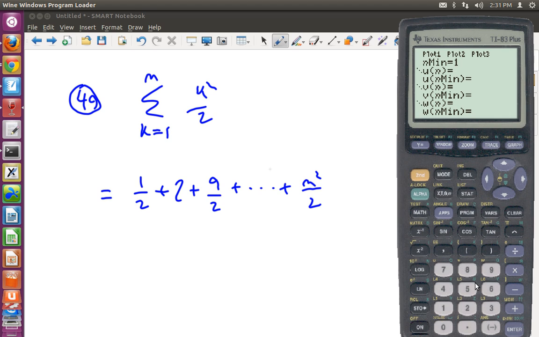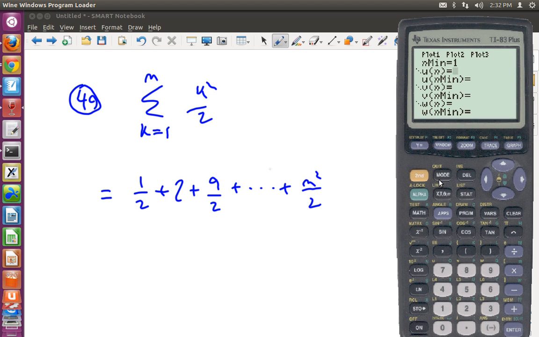Is it alpha u? Wait, I'm not sure. There's a symbol for this. It's lowercase u. Where the heck is it? It's on 7? Yeah, I think it's 7. All right, second 7. I think that's what it is.